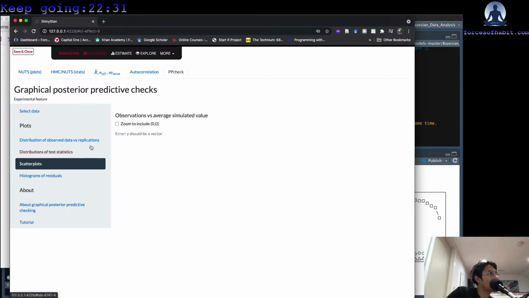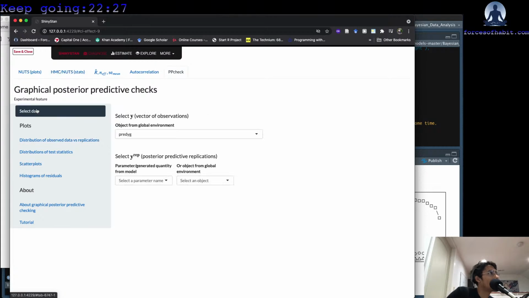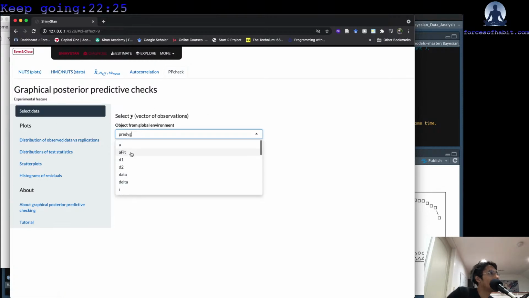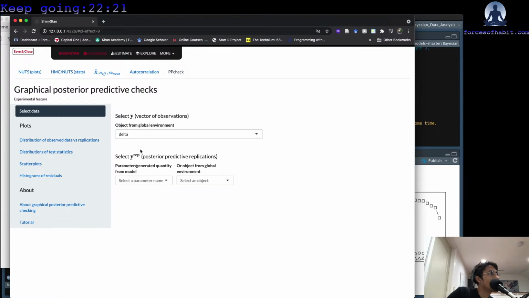This is cool. See, if I just wanted to look at delta. Scatter plots.